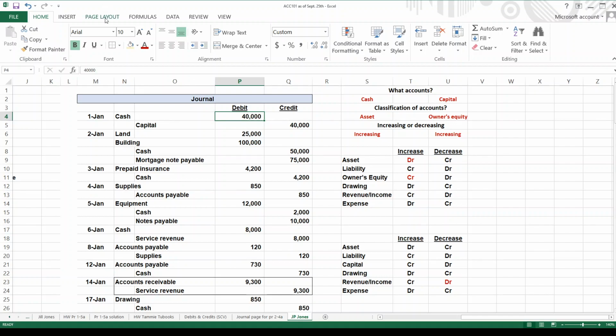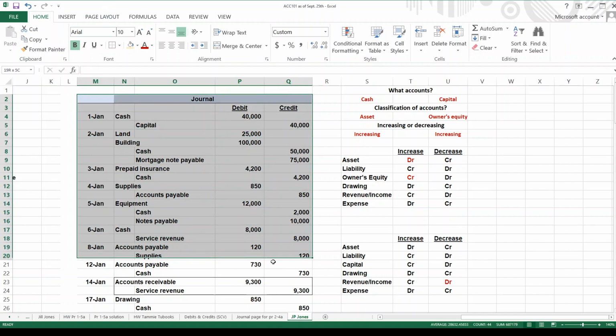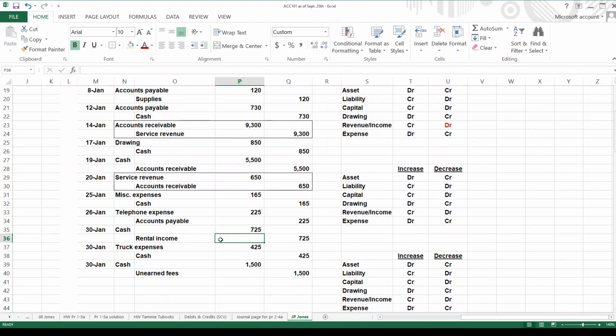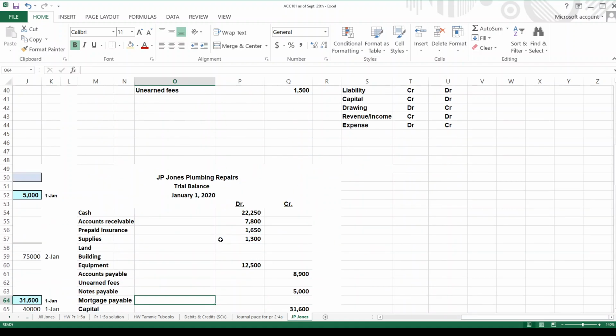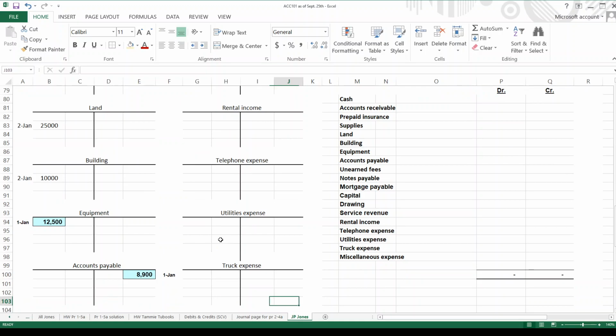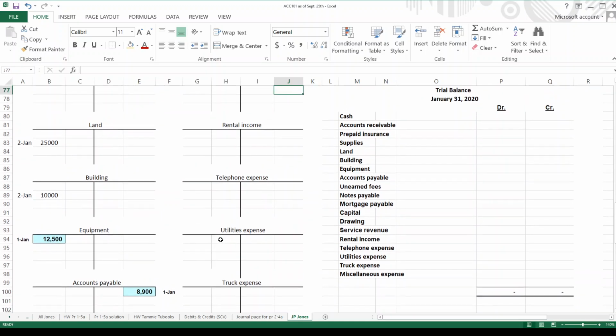So this is going to be one of the things that you need to do. Post it over here, take a shot at your trial balance, hopefully it works out, and I will, of course, send you the final answers for the trial balance and the ledger and all that.